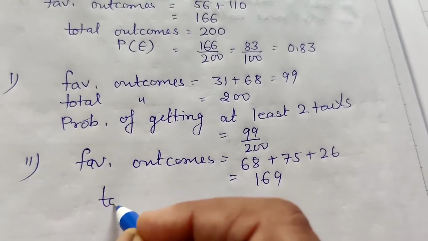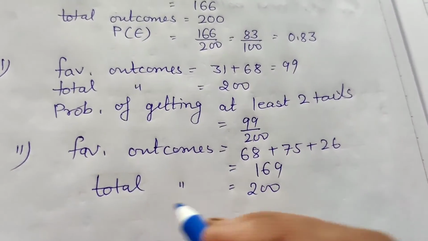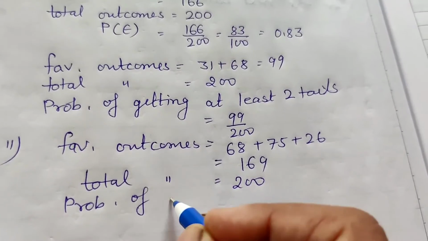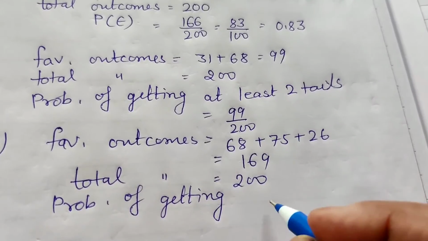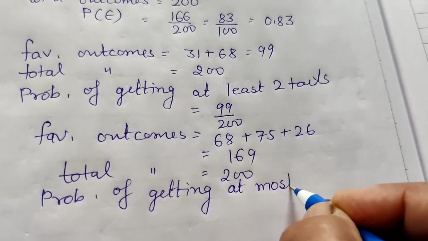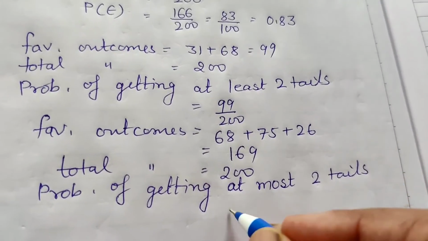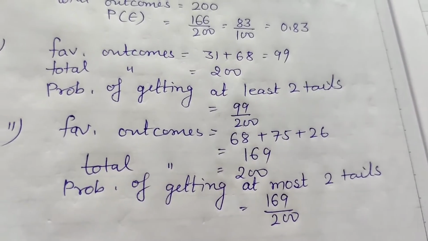Okay, and total outcomes equal to 200, and probability of getting at most 2 tails is equal to 169 by 200.